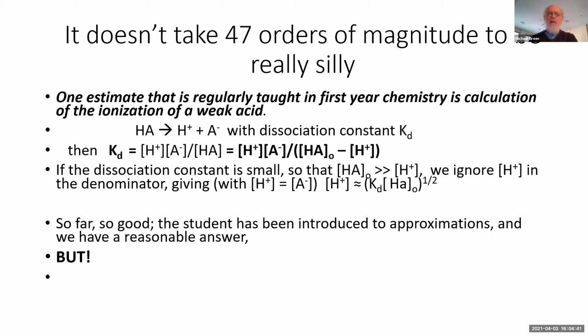Then all you have to do is take a square root of the product of initial concentration times dissociation constant, and you've got the right answer. And this is taught in most books. So far, so good. And the student has been introduced to an approximation, and we have a reasonable answer.